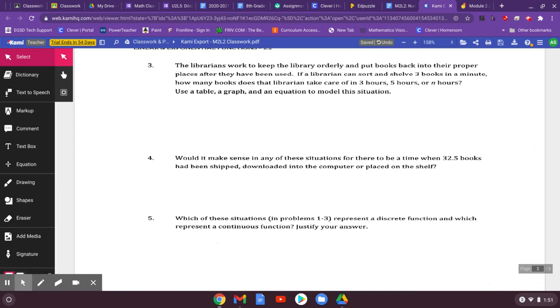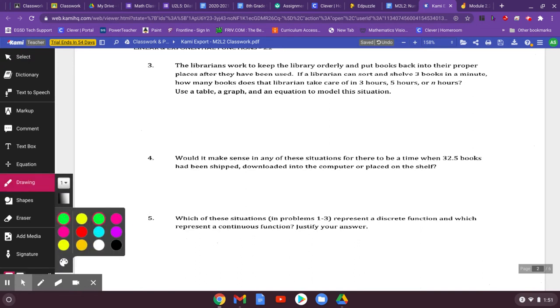If a librarian can sort and shelve 3 books in a minute, how many books does the librarian take care of in 3 hours, 5 hours, or in n hours? Now notice here it says minutes, here it says hours. So our labels are different. So we need to make sure that we take that into account when we're making our tables and graphs.